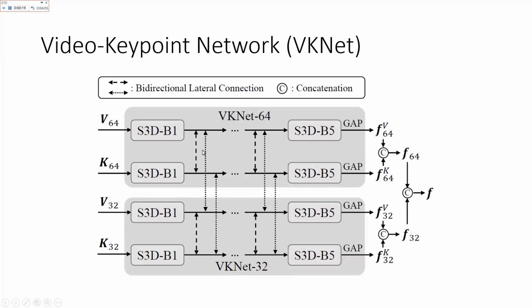Each subnetwork has a two-stream architecture, consisting of two S3D networks to model both RGB videos and keypoint heat maps. Following previous works, we also insert bidirectional lateral connections after the first 4 blocks of the S3D network. The output features will be fed into their own head networks to compute losses.